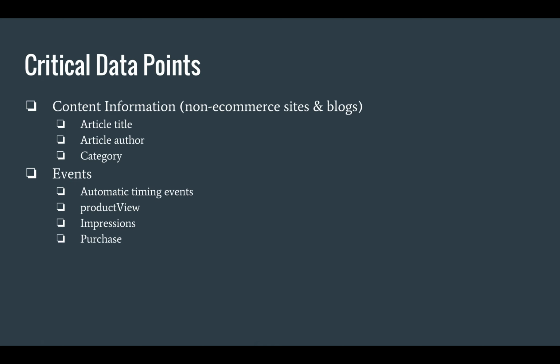By pushing in an impression event with that information, you can fire different tags on those impression events, so you're only tracking what's actually seen on a page. And then obviously you're going to want to push a purchase event with any transaction information so that you can fire those tags immediately when that information is pushed in.